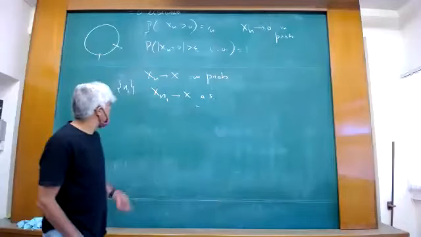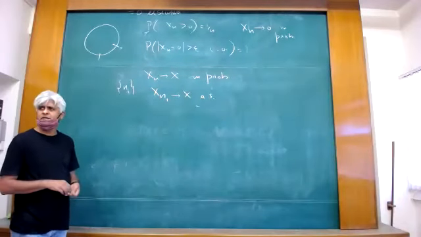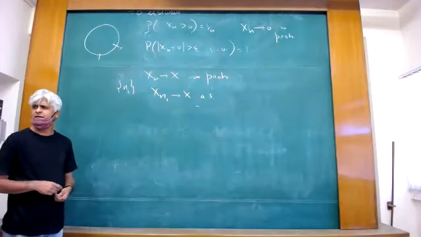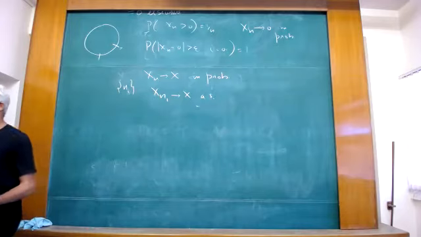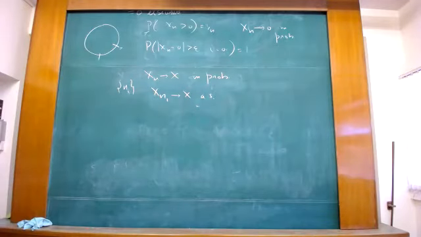So let's talk about this right now. Can you, for arbitrarily large integers n, get the probability that |Xn minus X| is greater than 1 by n to be less than 1 by n?